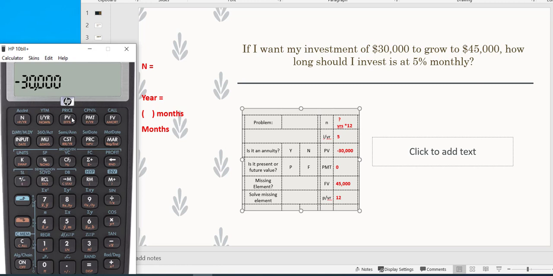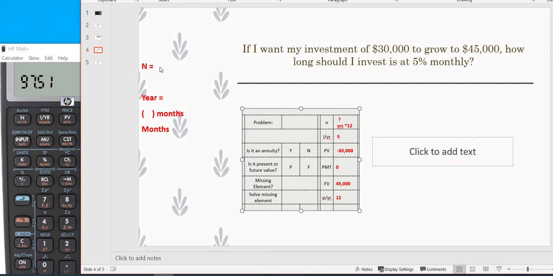I'll put it as negative because we have both. 0 PMT, and 45,000 is our future value. We are compounding monthly, so 12 orange PMT, and that leads us to finding N.